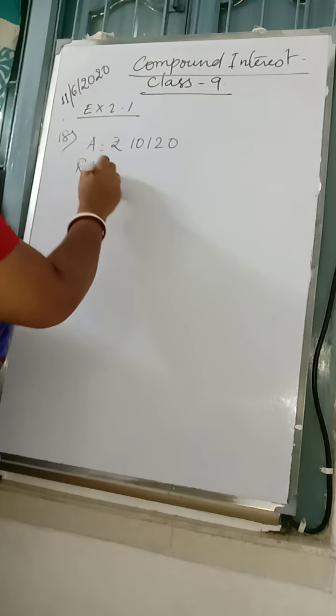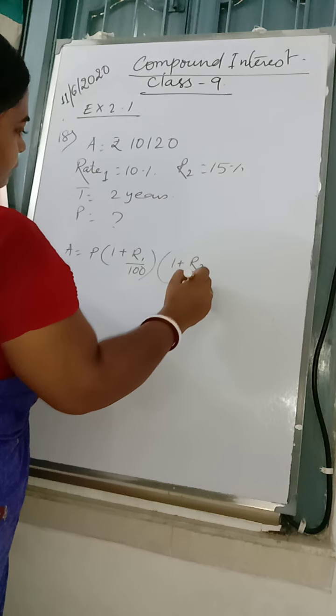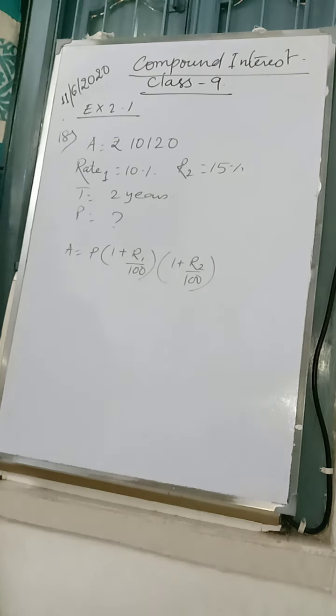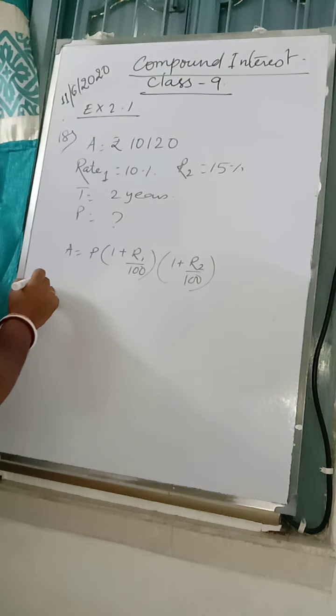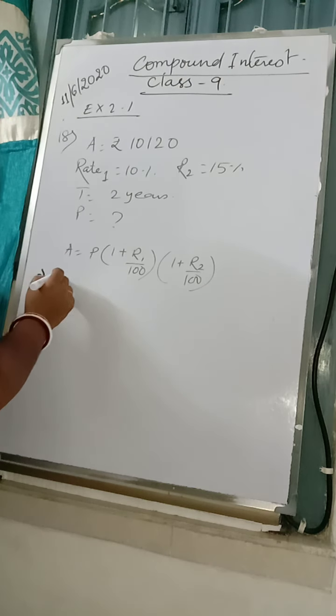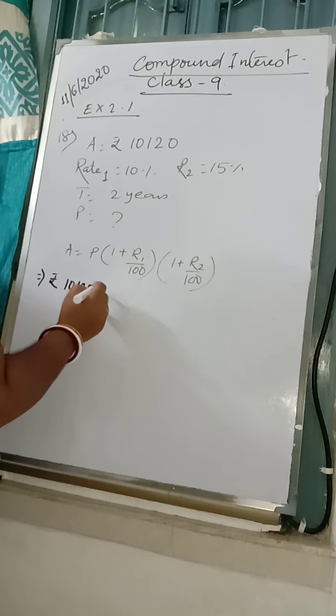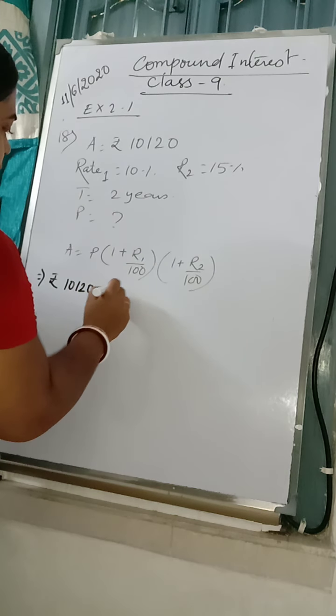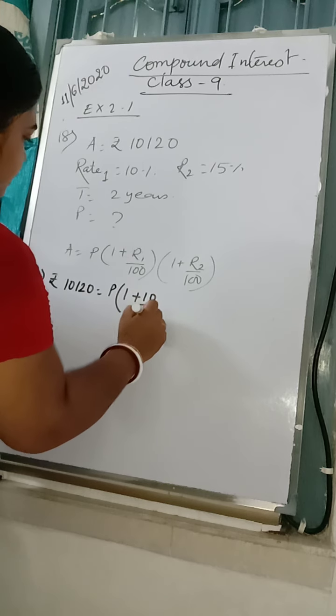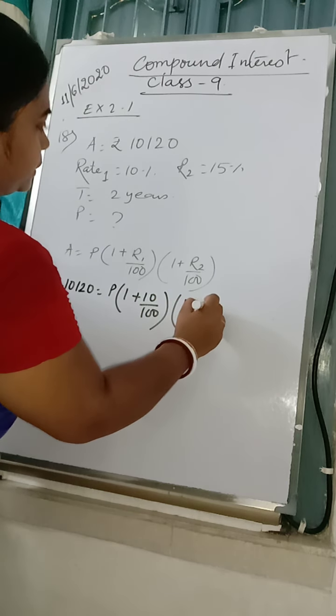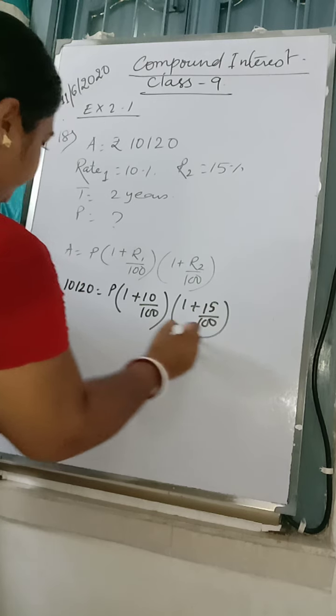Principal is what? The same formula we are going to use. A is equal to P into 1 plus R1 by 100 into 1 plus R2 by 100. Now we are going to replace the things which are given to us. Instead of A, I will be writing rupees 10,120 is equal to P, 1 plus 10 by 100 into 1 plus 15 by 100. Clear?